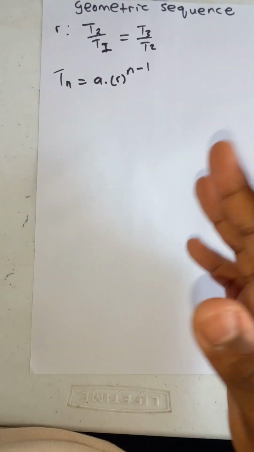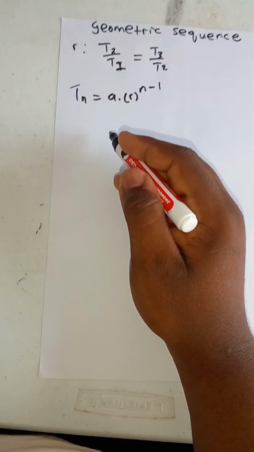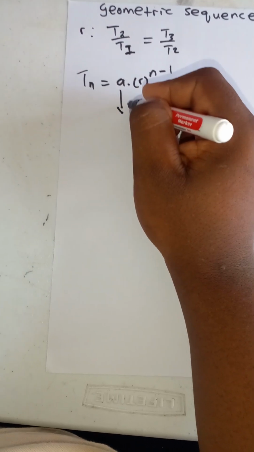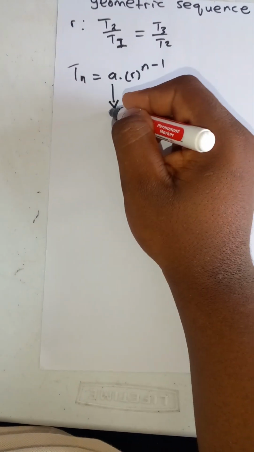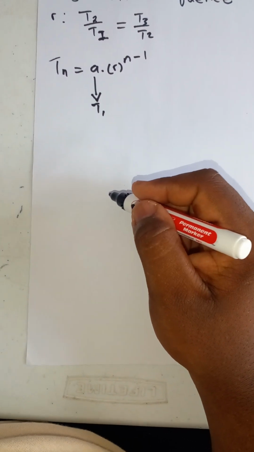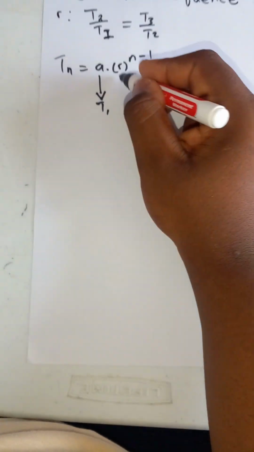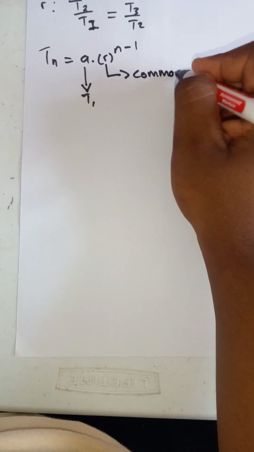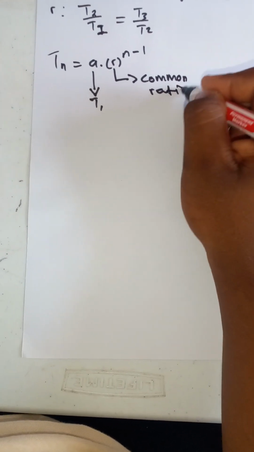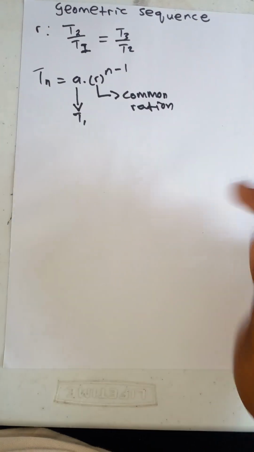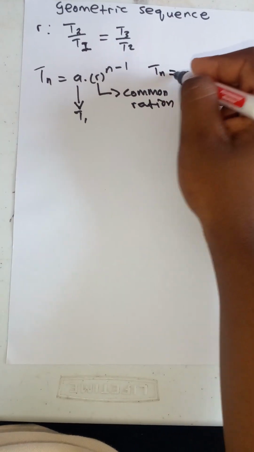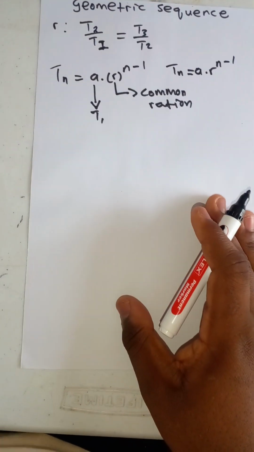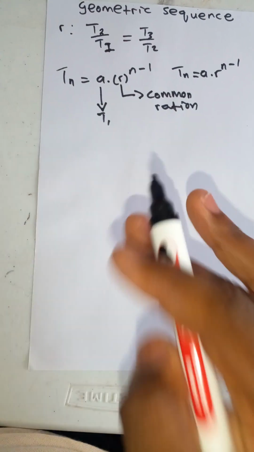Here, a is the first term of the sequence, and r is the common ratio of the sequence. So basically, you can write it as Tn is equal to a times r to the power of n minus 1.